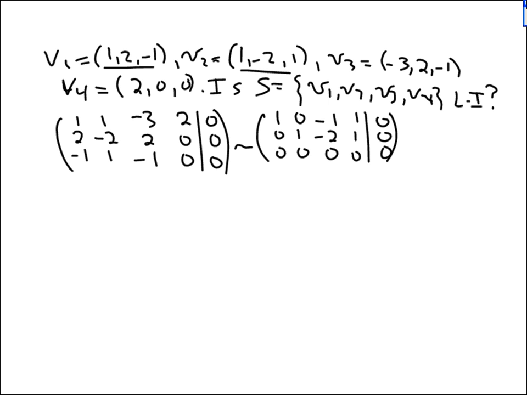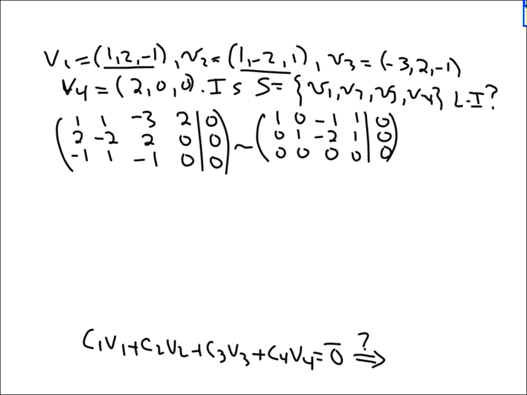This is what I got. And the coefficients were C1, C2, C3. That is, I just wanted to see if this linear combination equaling the 0 vector implies that C1 must equal C2 must equal C4 equals 0. All the coefficients have to be 0. All of these have to be 0.